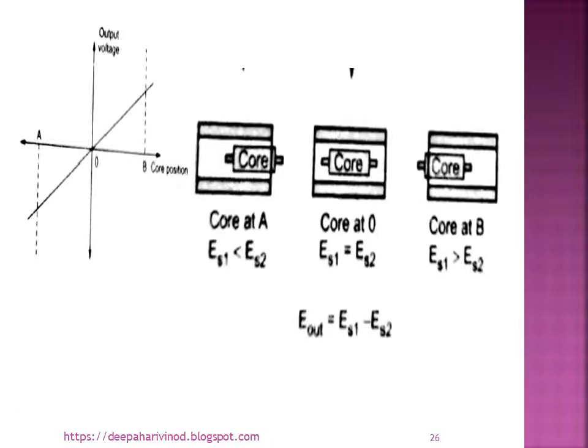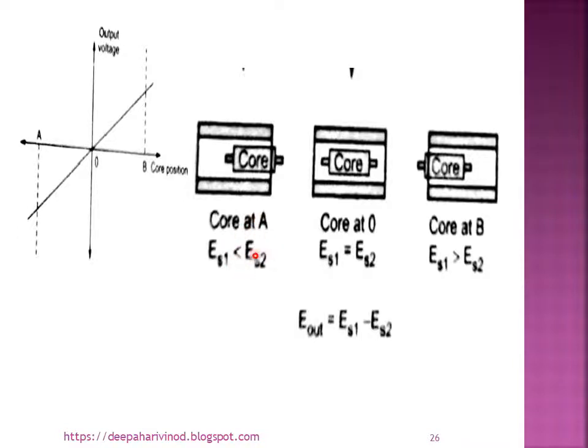So this figure shows the displacement of the core position. So what will be the output if the core position is changed? In the first figure, we can observe that the core is on the left side. So we can say the output ES1 is less than ES2.